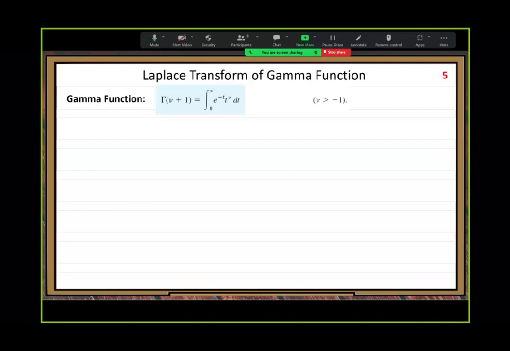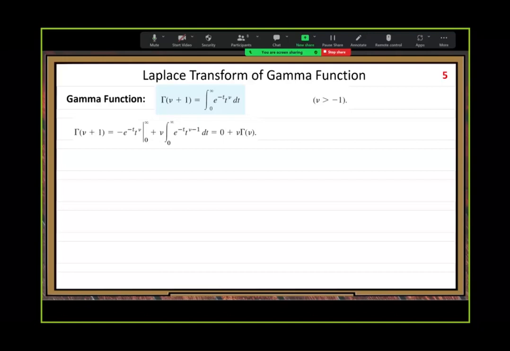We define it with nu plus 1, because in the integral, we want the exponent of t to be nu, so then nu plus 1. Gamma function is very useful for some special problems.